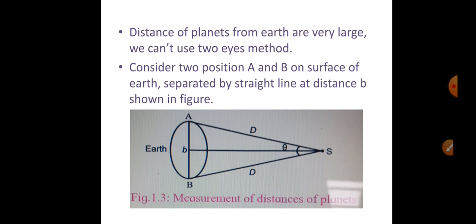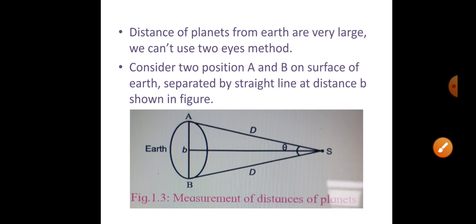But for the distance of a planet from Earth, which is very large, we can't use this two-eyes method, because it is not possible for measuring the distance of a planet. For that, we consider two positions on the surface of Earth separated by a straight line.